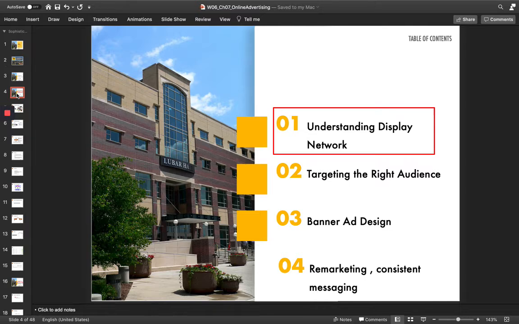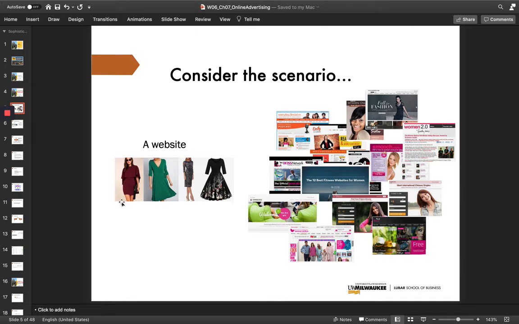Let's move on to the first part, understanding the display network. First of all, let's consider this scenario. On the left side is the marketer, or you can consider it as your company. Your company does some online business to sell the latest dresses, different types of dresses.